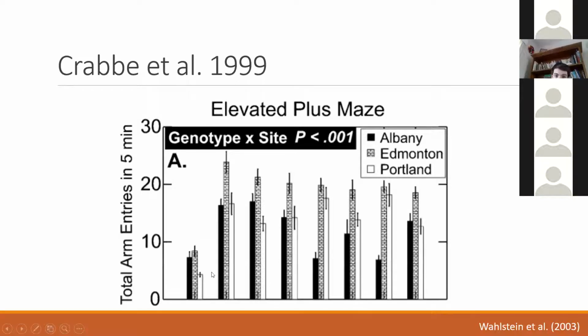You can see that across these different labs, these genetically identical mice in each set are having quite big differences in the amount of times they're moving into the arms of the maze. So we're seeing that when you keep identical animals in identical conditions across different sites, they're behaving differently.